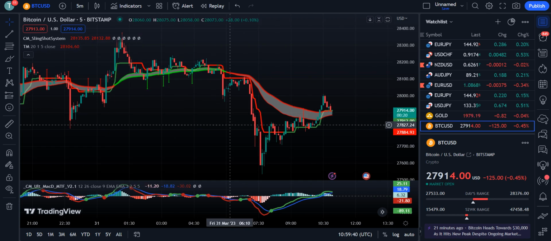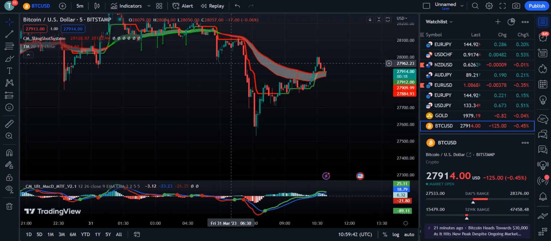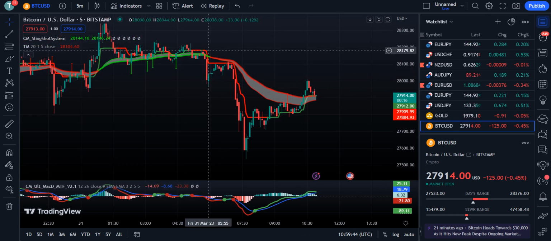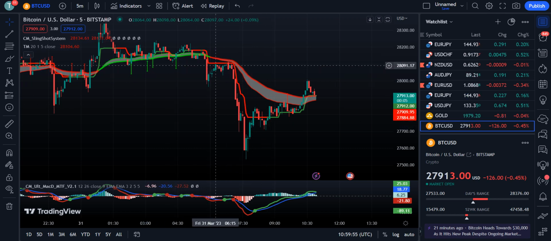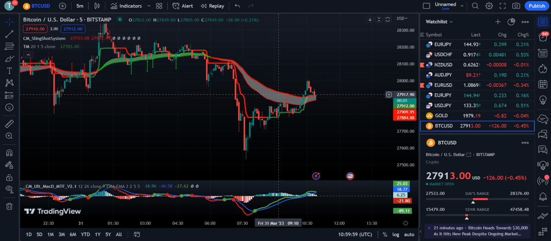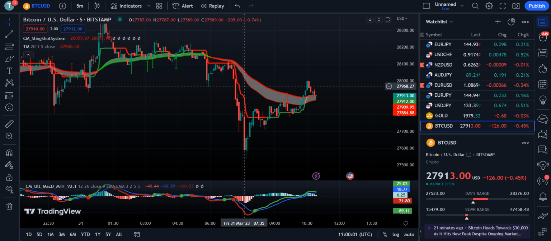Conversely, when to take the entry for the bearish pattern or the short trend, always remember the first thing we have to see is that our Trend Magic indicator should give us this red color line. The second thing is that our market has to move down to this line that is given by the CM Sling Shot.